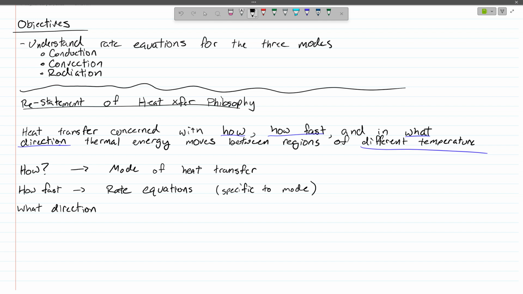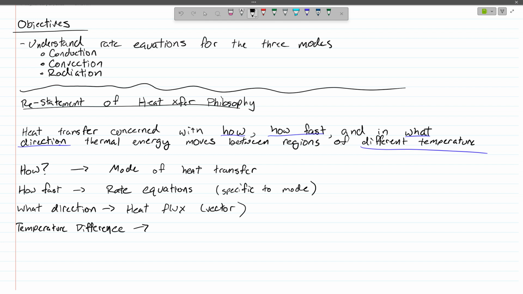The what direction. If how fast is basically looking for that Q, the what direction comes from that Q double prime, the heat flux, because it is a vector quantity, and so it not only tells us how much thermal energy is moving per unit time, but the direction in which it's going. And then finally, the idea of the temperature difference, which is imposed on us by the second law of thermo.